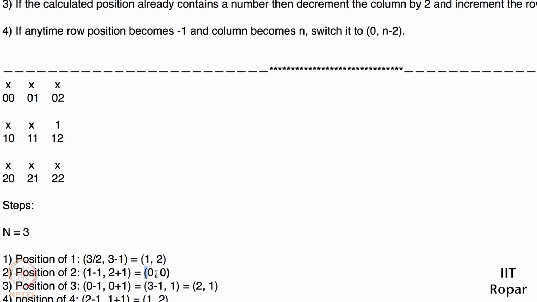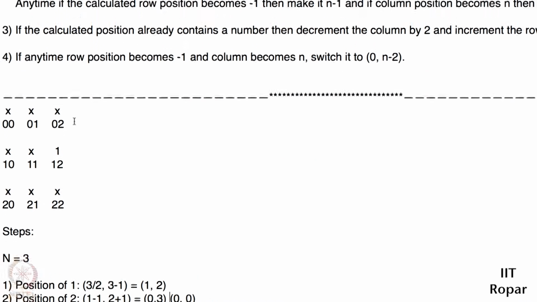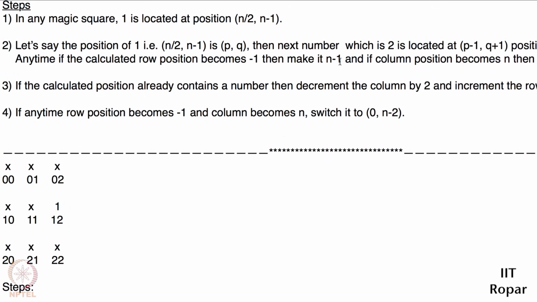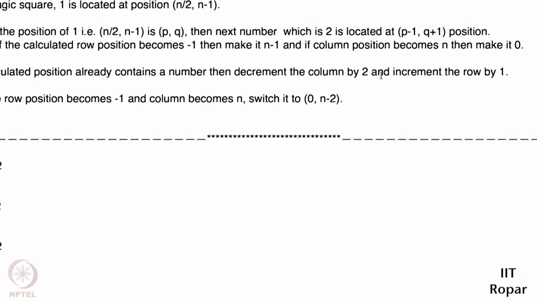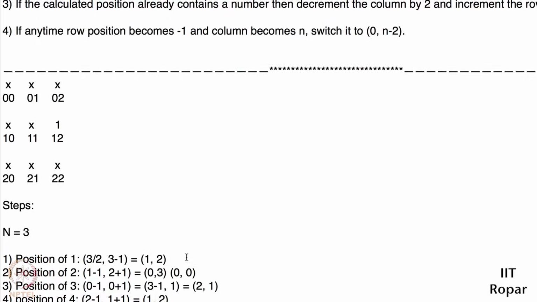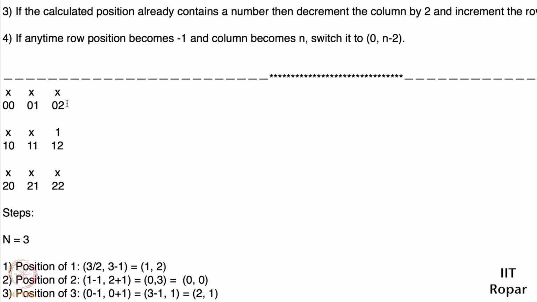So it becomes 0, 3. Now anytime the calculated column position becomes n, since here the column position is 3, which is n, make it 0. After making it 0, it becomes 0, 0. So I'll put 2 at 0, 0.